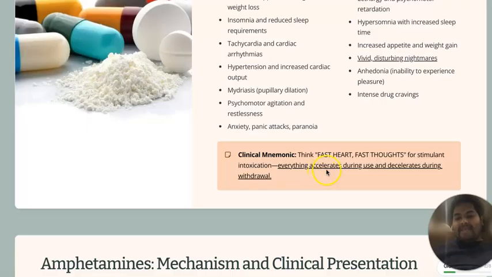So everything accelerates during use and decelerates during withdrawal. When the person is using these stimulants, everything is accelerated, like heart rate, and when he or she quits the drugs, then at the time of withdrawal everything decelerates. So it's easy to understand.